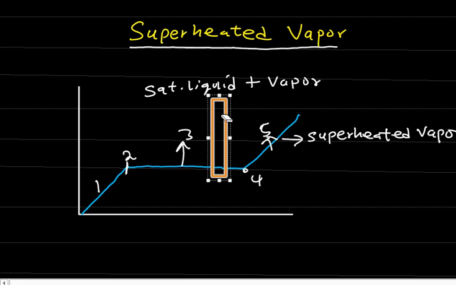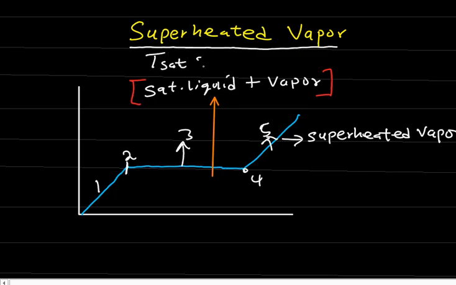Now, what we normally read from our table, the table that we read so far, is for this particular state. Saturated water takes care of this state, which is the saturated liquid-vapor state. When you get to the saturated water table, you can read the saturated temperature given a particular pressure, and you cannot read the saturated pressure given a particular temperature.